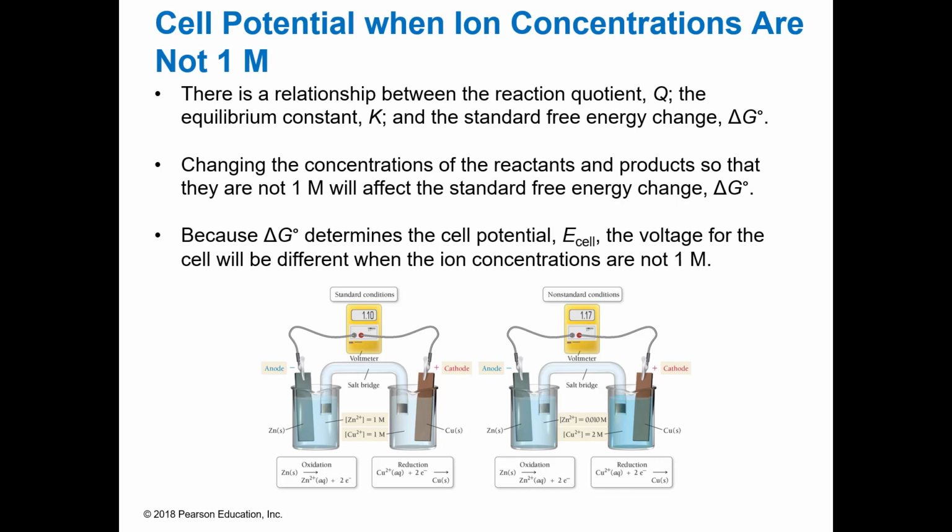Because delta G determines cell potential, the voltage of the cell will be different when the ion concentrations are not 1. That's what they're showing in this diagram: when it's 1 molar concentrations of the electrolytes, the voltage is 1.10, but if we change the concentrations, the voltage changes under non-standard conditions.